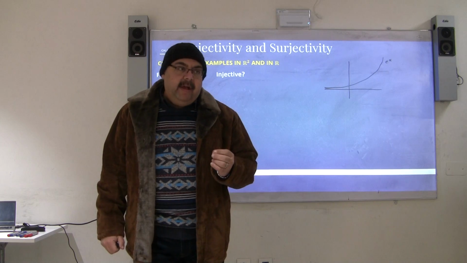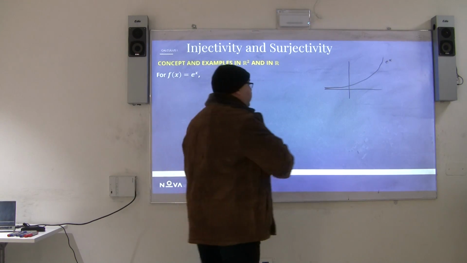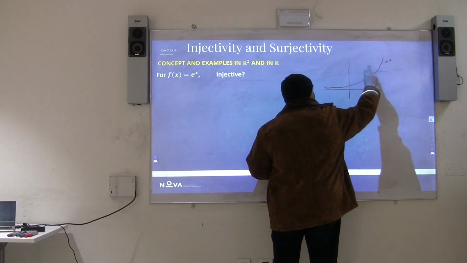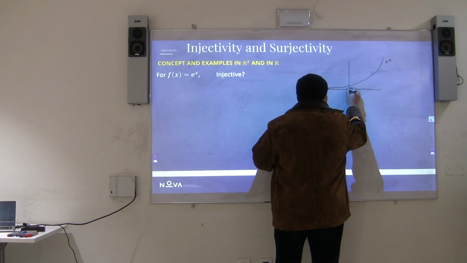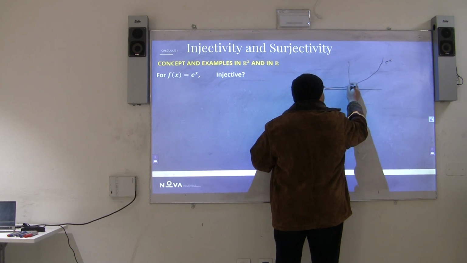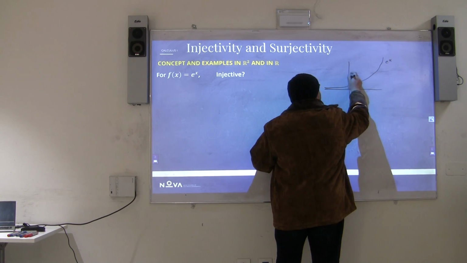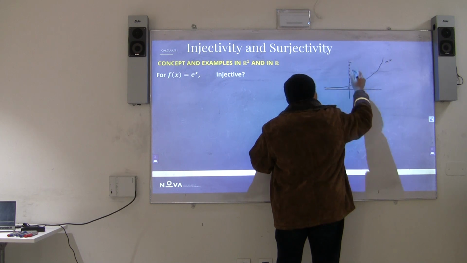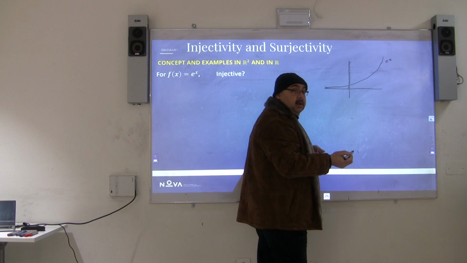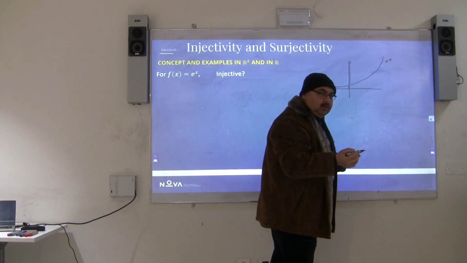No. Why? Because the range, look Omar, the range is the values of y in front of this graph. See where the values of y are. See, these points give you y. These are the values of y. These are all values of y, right? But the whole codomain is the y axis, which is R. So actually they are not equal to each other.